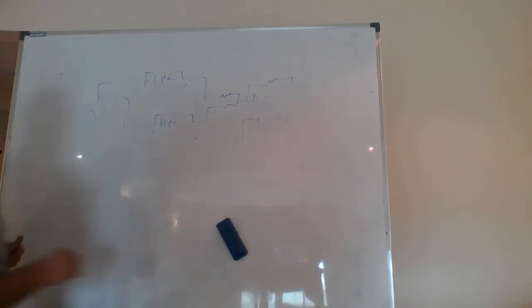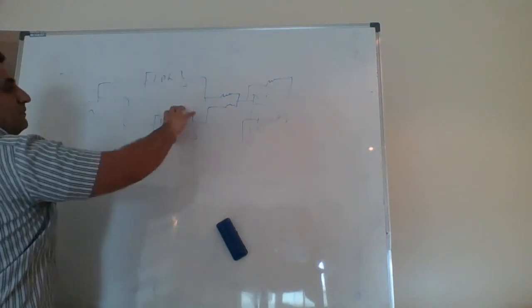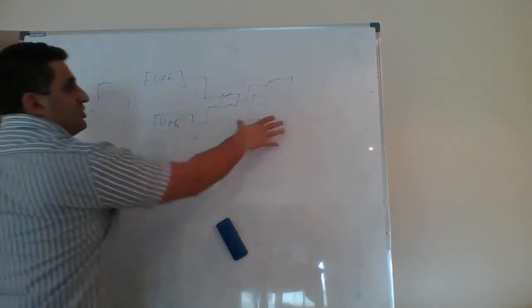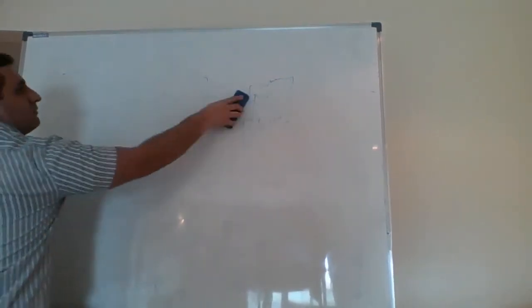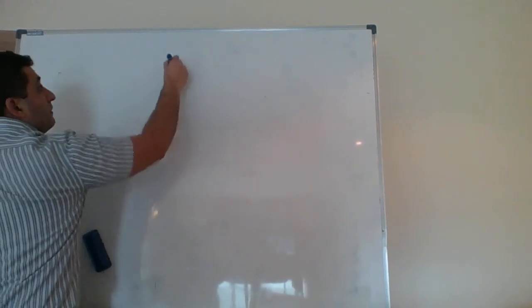So what I've done now is I need a low pass filter, a high pass filter, and then a summation amplifier. So let's put together what I learned.